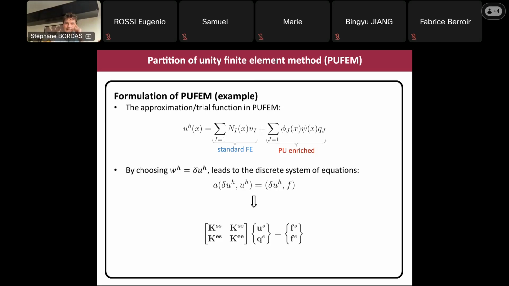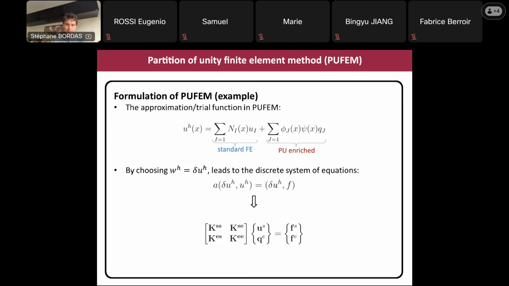And now let's pass on that by choosing W_h equals the variation, because that's only got to do with mechanics, and at the moment we don't really care about that. What we end up with is a matrix vector equation where you have a so-called stiffness matrix, which has 4 parts.